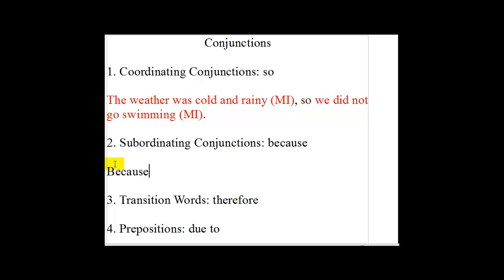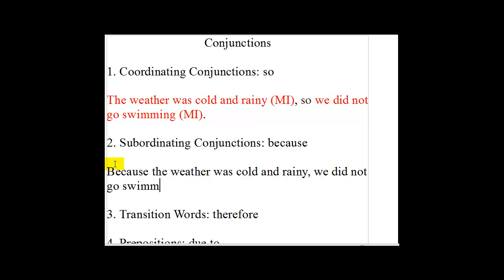Now, if we go to the next one, we have, because the weather was cold and rainy, we did not go swimming. So in this case, we no longer have a main idea. We do have what's called a support idea or subordinating type idea here. We'll make the connector or the subordinating conjunction in red, and then we have the supporting idea here.